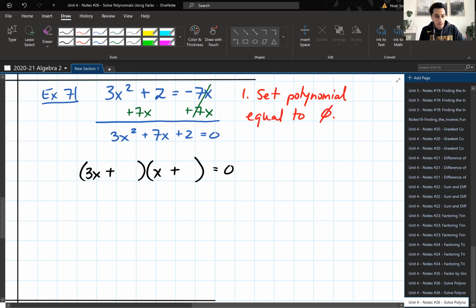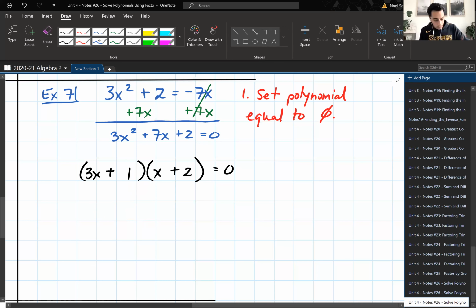I just have to make sure they're in the right place because they have to add up to 7x. So that's probably going to be a 2 here and a 1 here. Quick smiley face check: that's 1x, 3 times 2 is 6x, so that adds up to 7x. That means these are the correct factors.